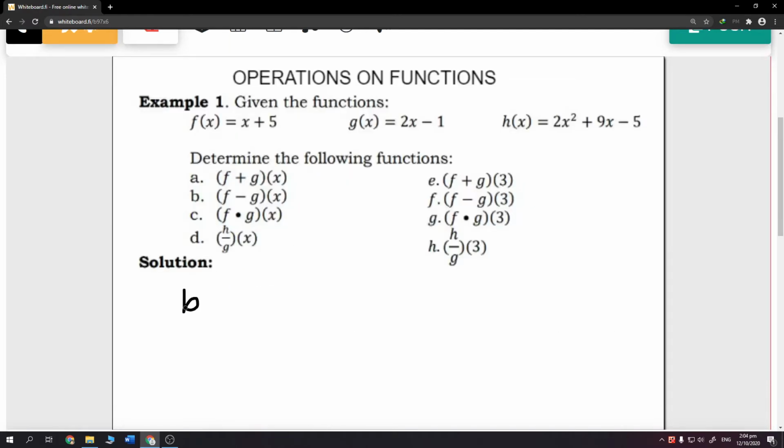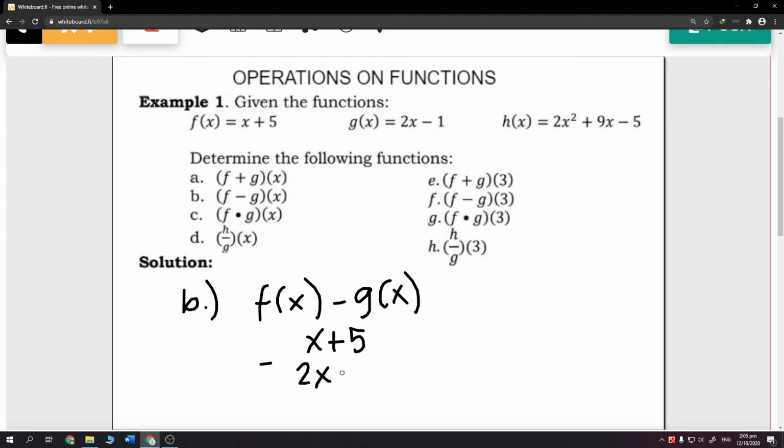Letter B, we have the difference of the functions, f minus g. So we have f(x) minus g(x). This is the function f, x plus 5, minus g(x), which is 2x minus 1.